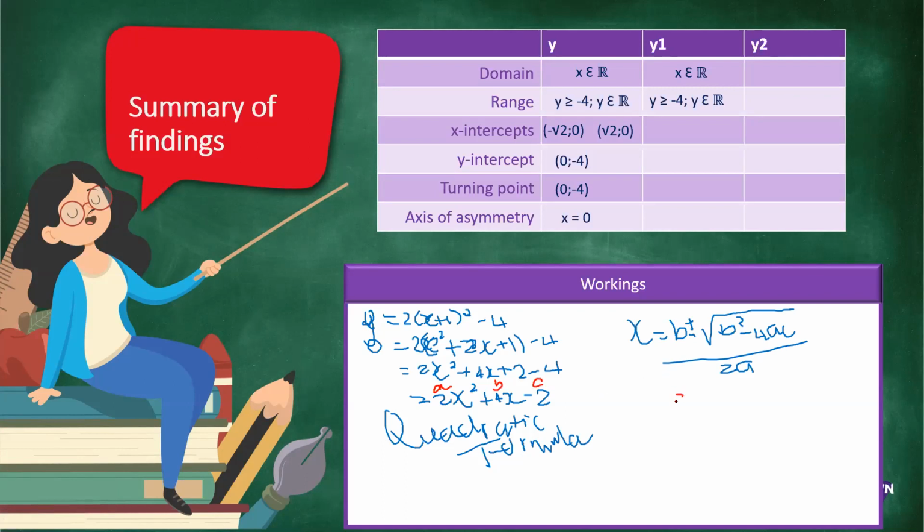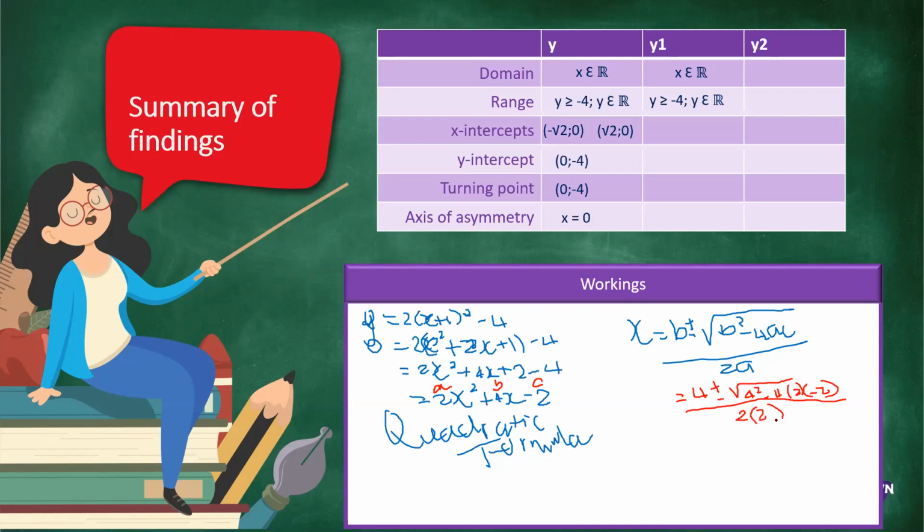So we would substitute accordingly, okay? We would say x is minus 4 plus or minus the square root of 4 squared minus 4 times 2 times minus 2, divided by 2 times 2, right?